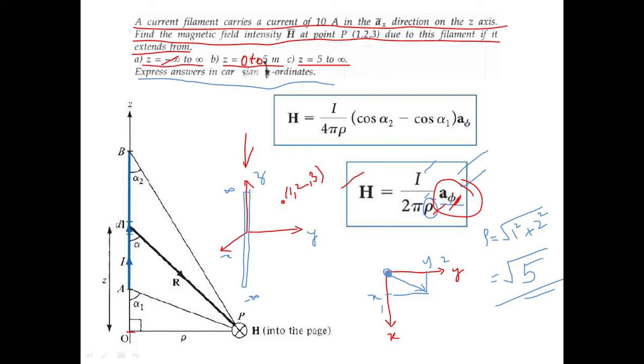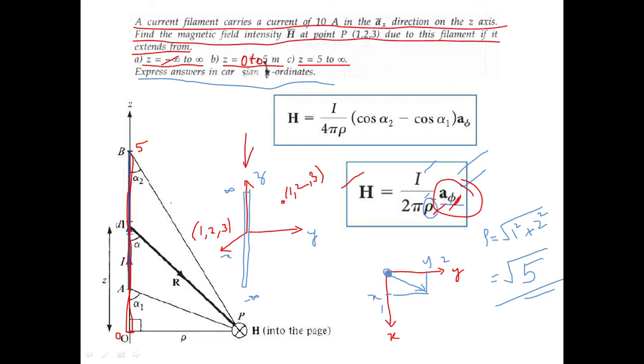I'll write the conductor from here, z to this point, and this is 5, and this will be 0. And the point where we are calculating will be 1, 2, 3, right?